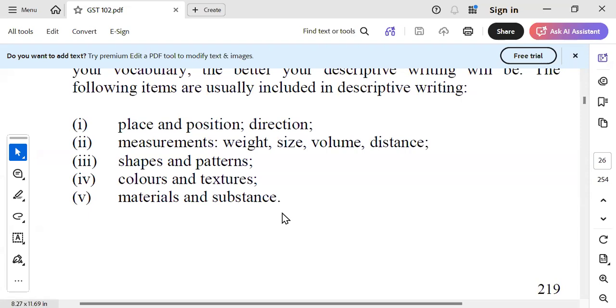So for color, we don't need to start telling ourselves color. You know what color means: deep blue, red, orange, brown, and so on and so forth. Now, they also say you can describe materials and substance. That is the last one. What we are trying to say here is you can describe wood.